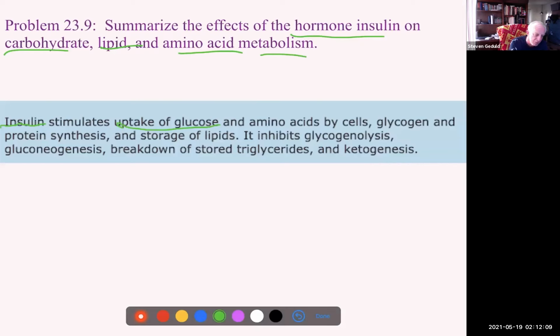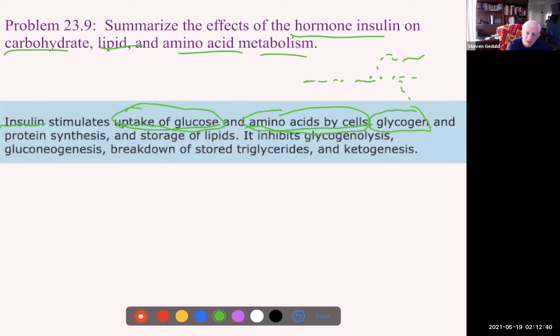It gets rid of glucose and the amino acids that have been broken up from the proteins. So insulin stimulates the uptake of glucose and the uptake of amino acids by the cells. You get the formation of glycogen, which is your monosugar units, and then it branches, and everything is a glucose unit.